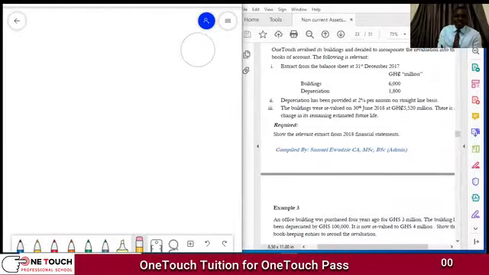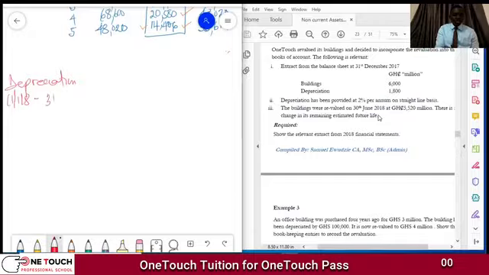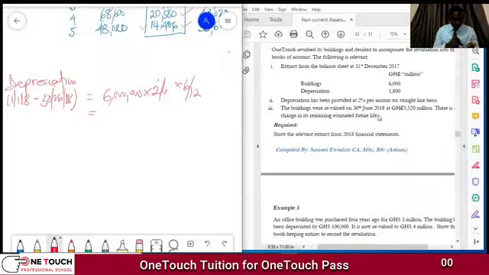So the depreciation from 1st January 2018 to 30th June 2018 will be 6 million times 2% times 6 divided by 12. That is 60,000.